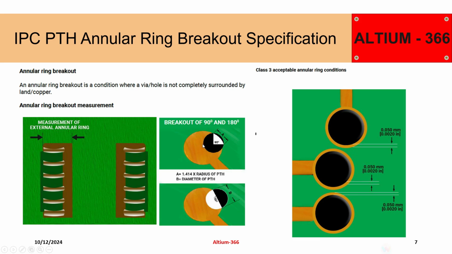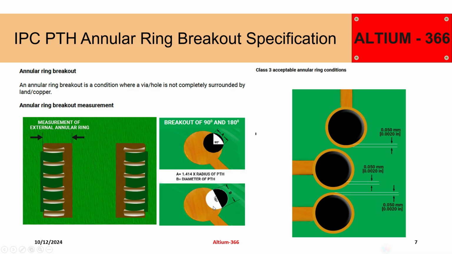In that case, even if the drill bit is not registering at the center of the via, and if it shifts because of the tolerances in the fabrication or manufacturing equipment, then for class 2 it's allowed breakout of 90 degrees. Here you can see that the 90 degrees is from the center of the hole till the edge of the pad. So this is the 90 degrees.